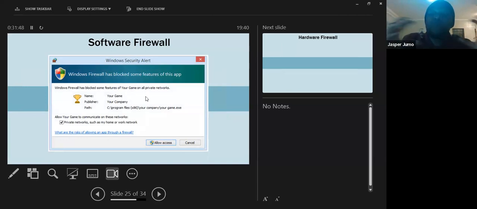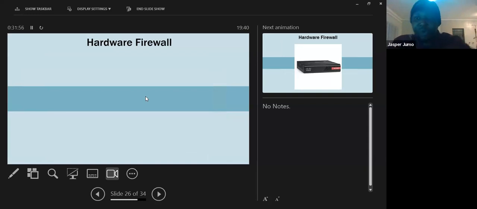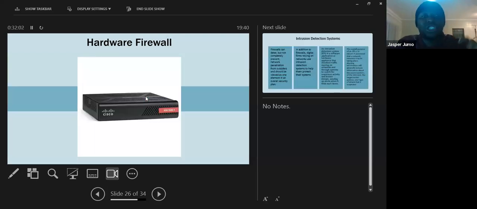It is a software firewall within your laptop that protects you from certain sites that may want to have access to your phone or your laptop. But most companies use hardware firewalls, the Cisco products, you know, Cisco switches, Cisco routers and so forth.